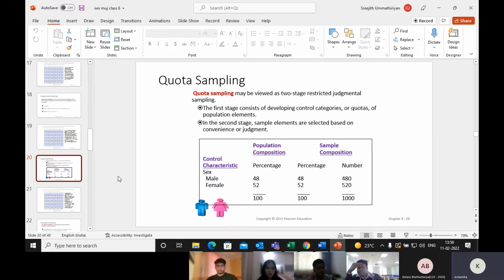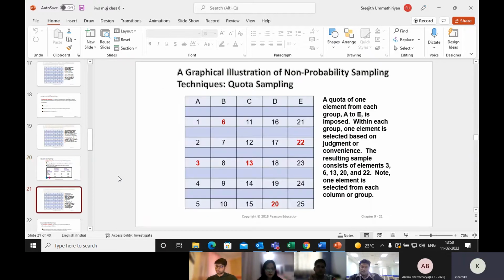Again, quota sampling is this. If there is a composition of the population, that composition should be retained in your sample also. So in this case, it's a gender composition, 48 males, 52 females. That sort of ratio should be retained within the sample also. Example, using this graphical illustration, a quota of one element from each group A to E is imposed.